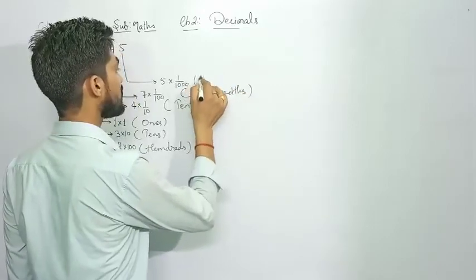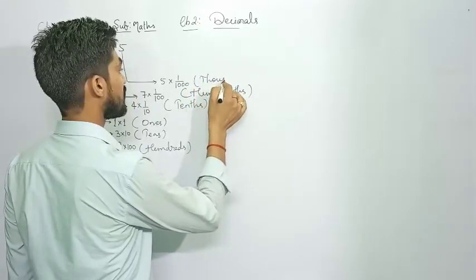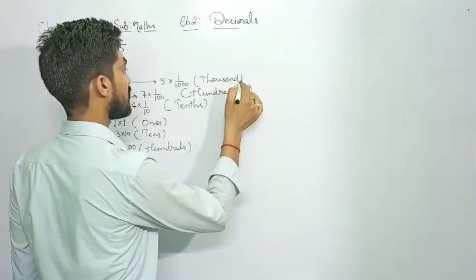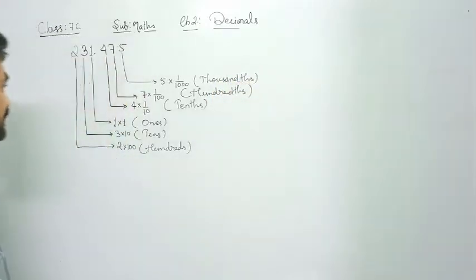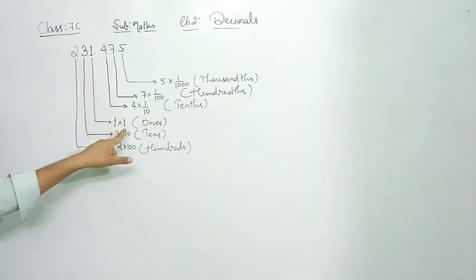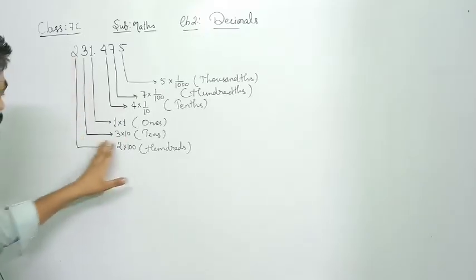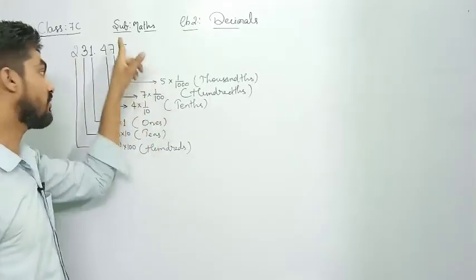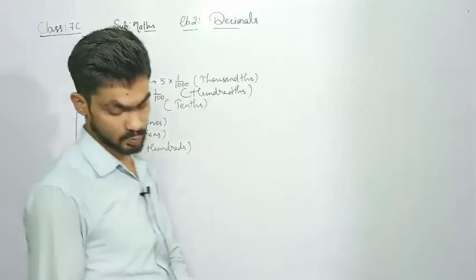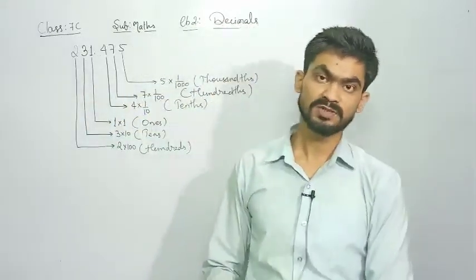And here thousandths. Correct? So, the place value of 1 is 1, of 3 is 30, and of 2 is 200. Whereas 4 is 4/10, 7 is 7/100, 5 is 5/1000. So in this class, up to this much only.